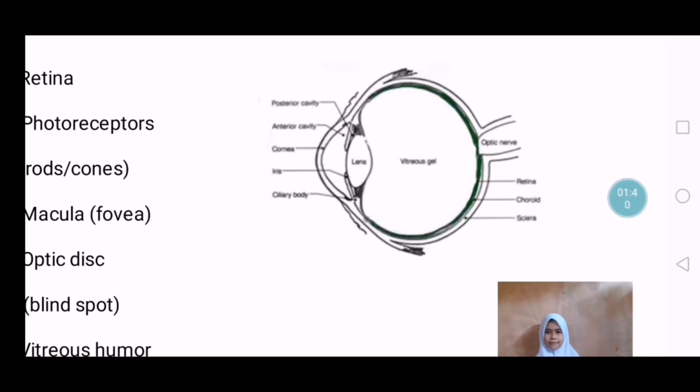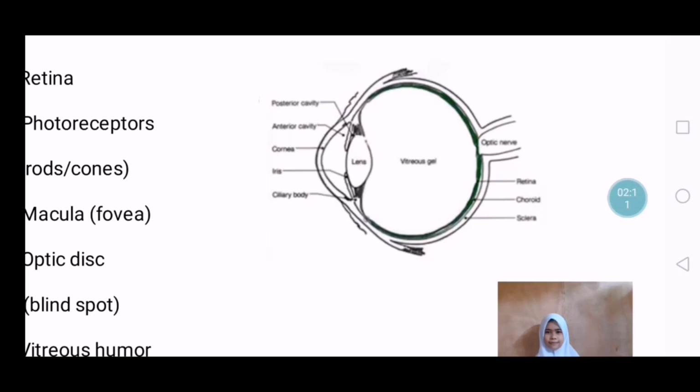The only structures inside the eye which are not filled with the gel are the lens at the front of the eye. In back, the retina lines the back, and near the center of the retina is the macula. The densely packed photoreceptor cells in the macula control central vision and are responsible for the ability to read, see faces, and distinguish detail.